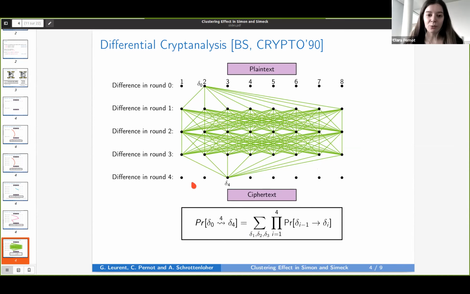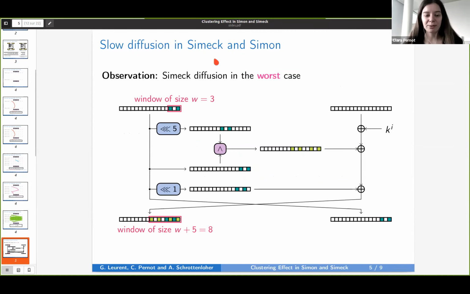We observed that Simon and Simeck have a very slow diffusion. If we start with differences in a window of size W for Simeck, then after one round, the differences would stand in a window of size W plus 5 in the worst case, because the biggest rotation amount is 5. However, this rotation amount 5 is associated with a nonlinear operation, so sometimes the differences will not propagate through the AND operator, and the differences will stand in a window of size W plus 1.